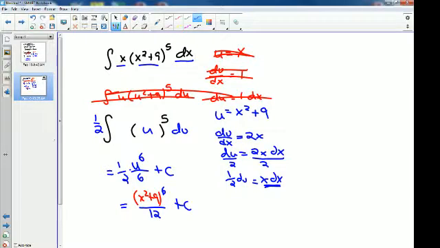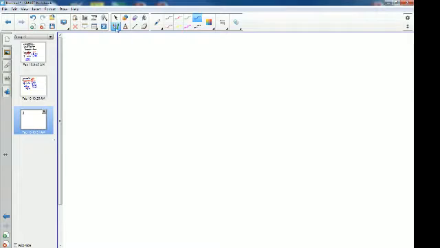Try this one on your own, and I will come around and help. Okay, so try that on your own. Pick a u value, substitute it, calculate the derivative, resubstitute.